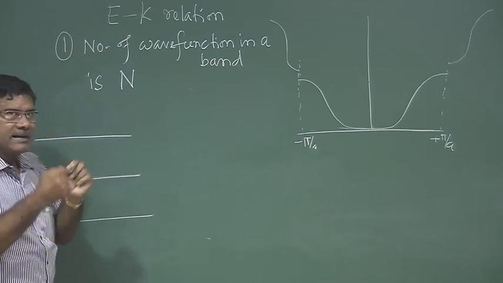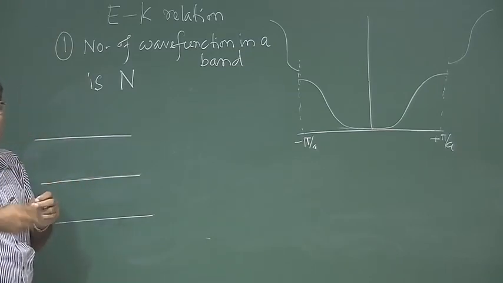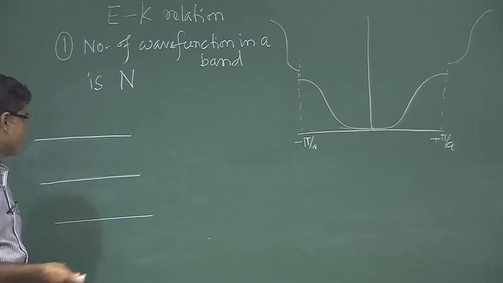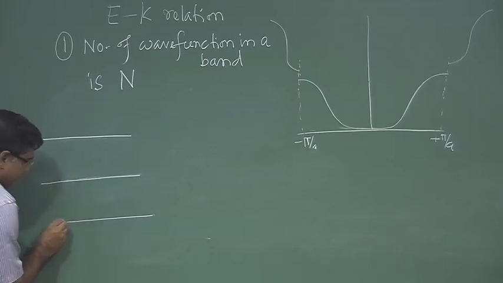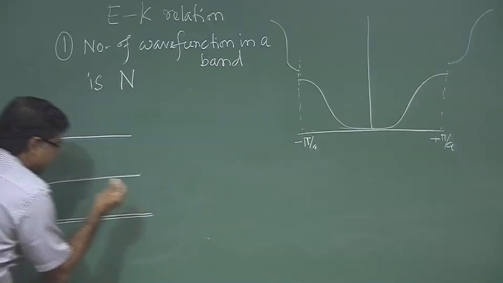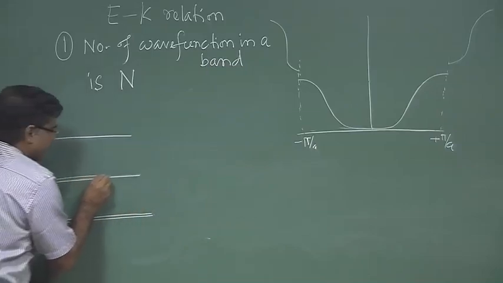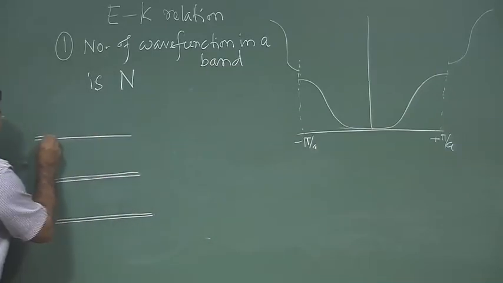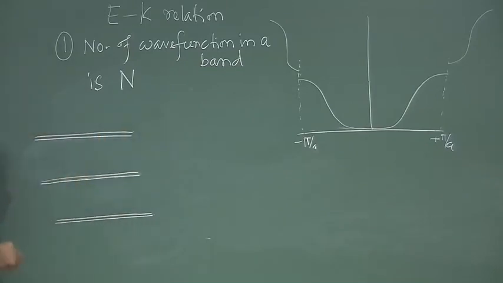Now, if you increase the number of primitive unit cells one by one, then for 2 primitive cells, in each band there are 2 energy levels.